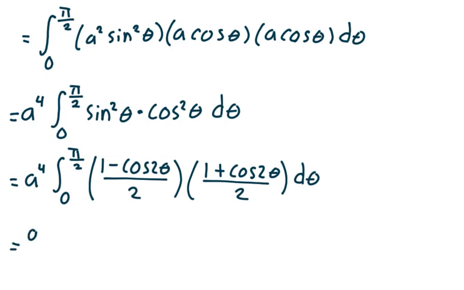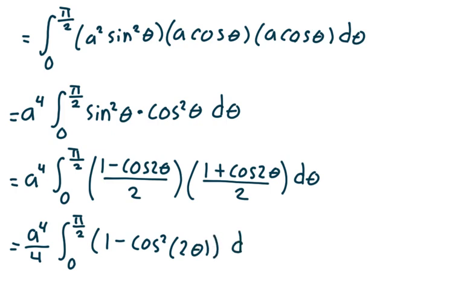And so this is a to the fourth over 4, and then I'm going to integrate from 0 to pi over 2 of 1 minus cosine squared of 2 theta d theta. But isn't that sine squared of 2 theta? So I'm going to integrate from 0 to pi over 2 of sine squared of 2 theta.